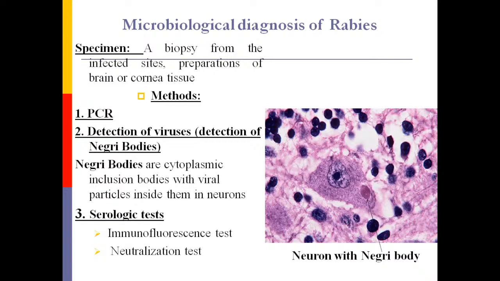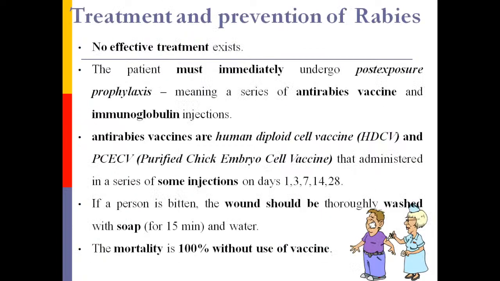Actually, it is very important to understand that after biting by a wild or domestic animal, we must not wait for the result of diagnosis. Mortality rate in rabies is 100%. Any person without vaccination dies. No effective treatment exists in rabies.